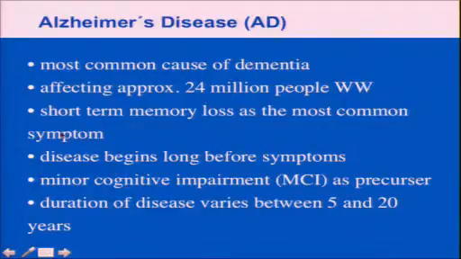The main clinical symptom is short-term memory loss. The disease begins long before the symptoms come up, and minor cognitive impairment is a kind of precursor stage. The duration of the disease can be very variable, depending on the conditions the patients live in.